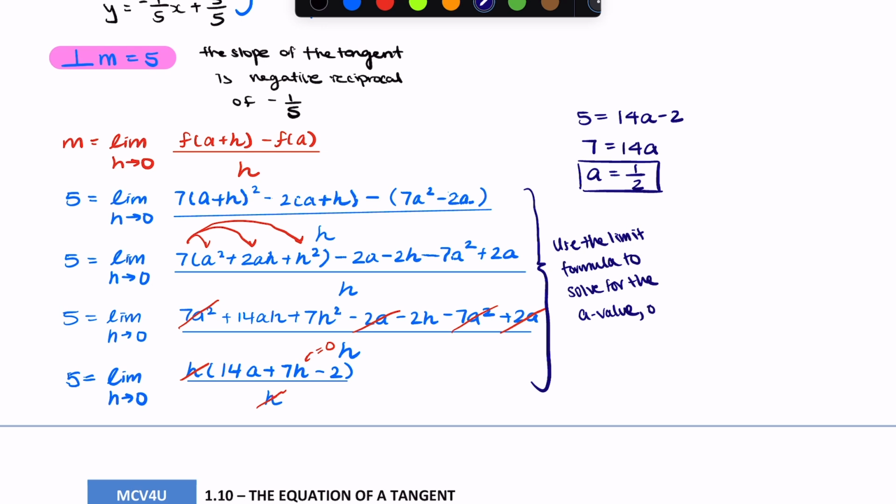Or we can also indicate that as the x-coordinate where the tangent touches f of x.